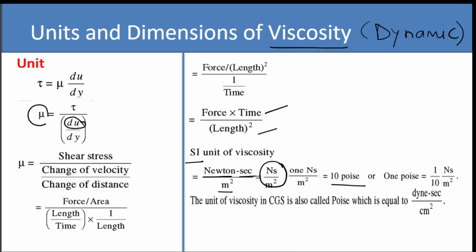The unit of viscosity in the CGS system is also called poise, which is equal to 1 dyne second per centimeter square. So this was regarding Newton's law of viscosity. It is a very important law in fluid mechanics.